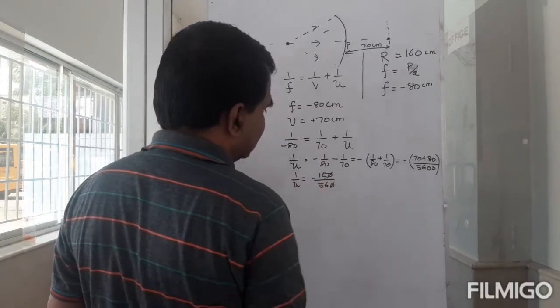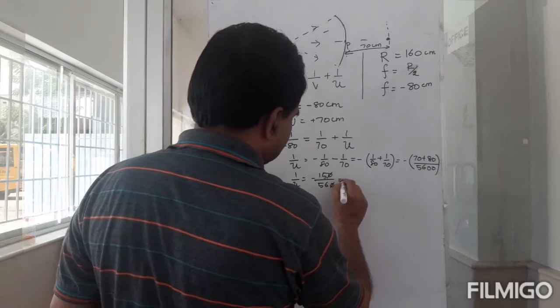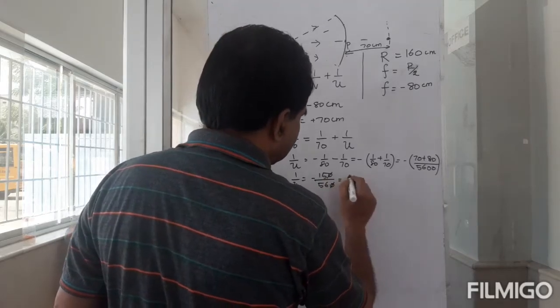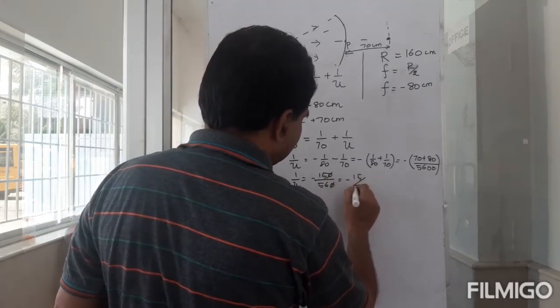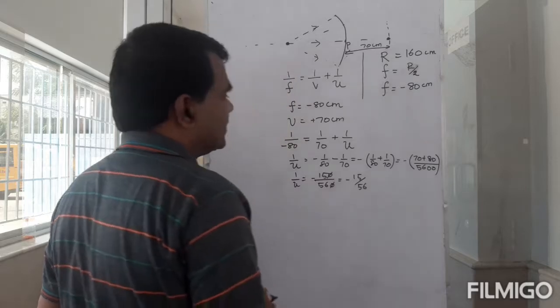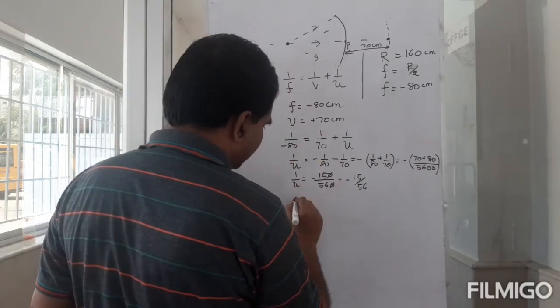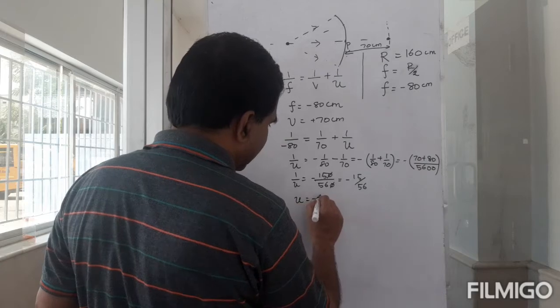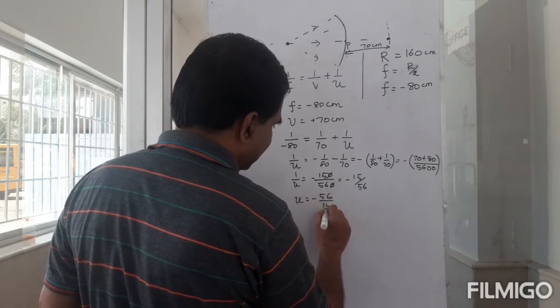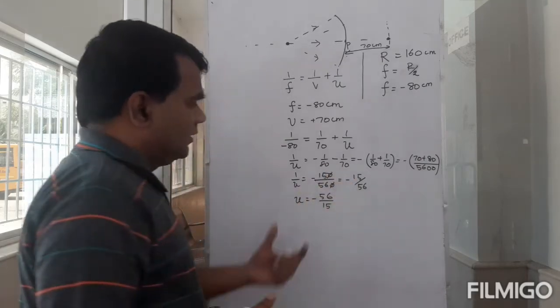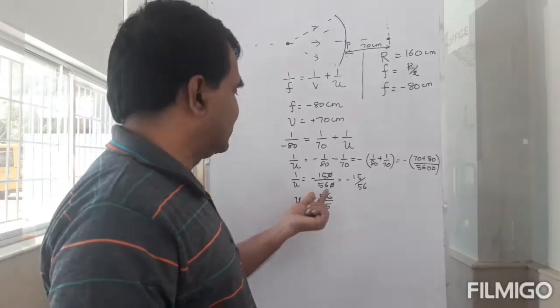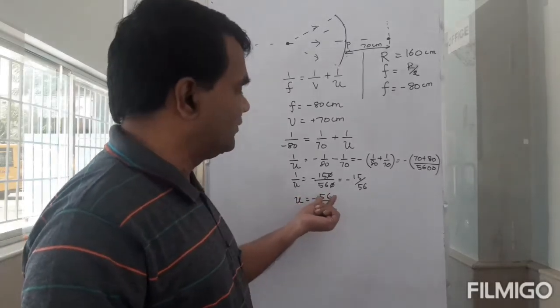Okay. So 1 by u is equal to minus 150 by 560. This and this will cancel. So this is going to be minus 15 by 56. Okay? So what is u? u is minus 56 by 15. It will be less than 4, right? Because 4 15s are 60, so you got only 56 there.